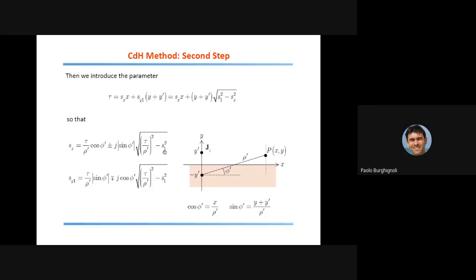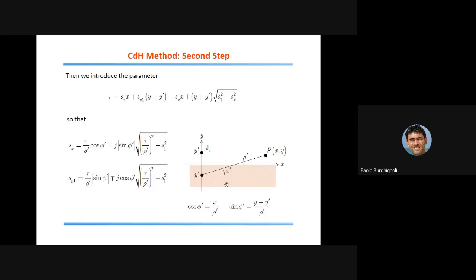Consider that we have written these expressions in terms of polar variables, rho prime and phi prime, which are now defined with reference to the so-called image source, that is the geometrical image of the source location, which lies inside the dielectric region at the abscissa minus y prime. So you can see rho prime is the distance between the observation point and this image source, and phi prime is the angle formed by this line with the horizontal axis.